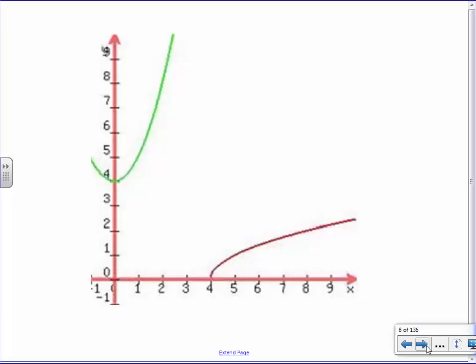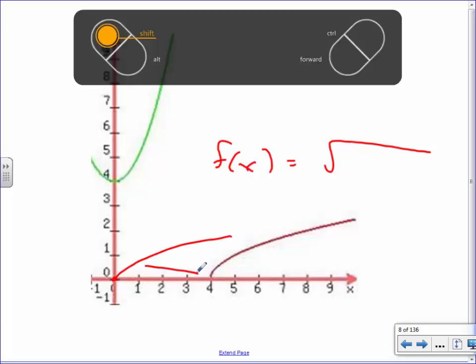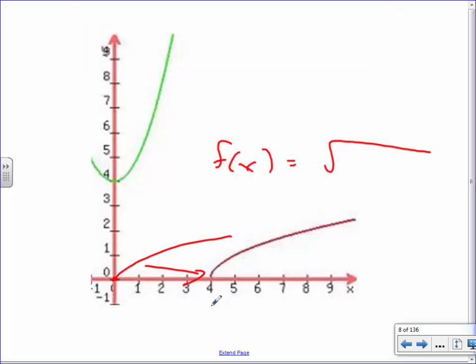Is it in its traditional location? What would the equation of this be? You don't want to take a stab at it? Where would normally the square root graph start? At 0, 0, right? And it would go up like that, right? It's been shifted over. How far has it been shifted over?